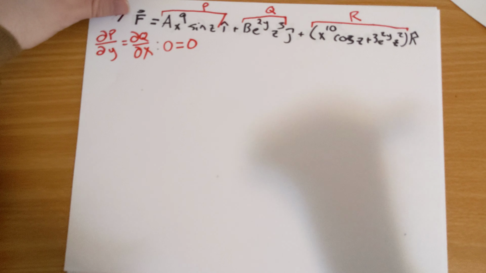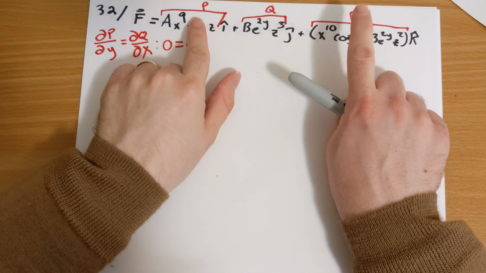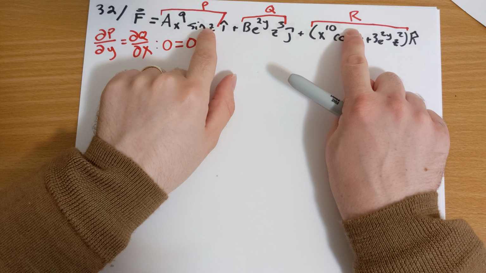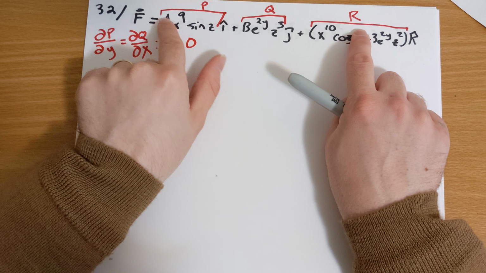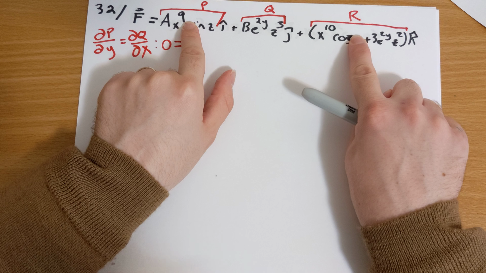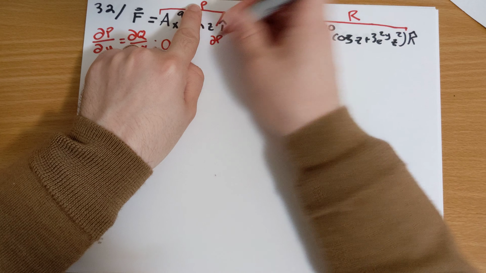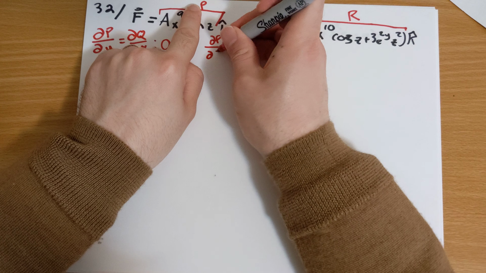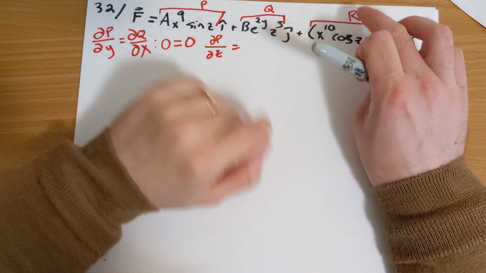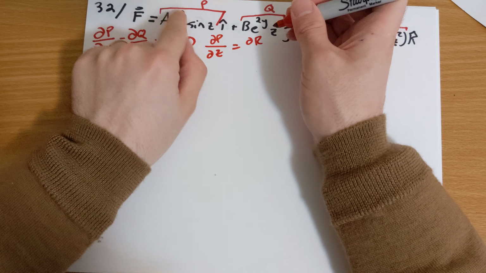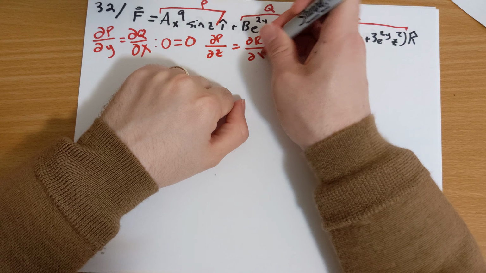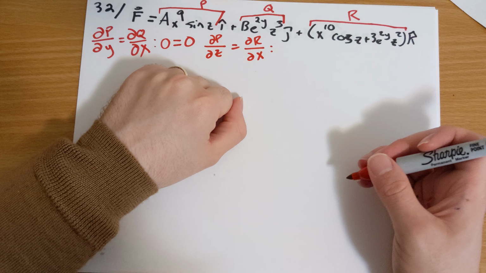Okay, kind of boring. Okay, the next pair, let's look at these two. This is P and R, corresponding to the x variable and z variable. So we want to take the partial derivative of P with respect to z and the partial derivative of R with respect to x. Okay, so what do we have here?